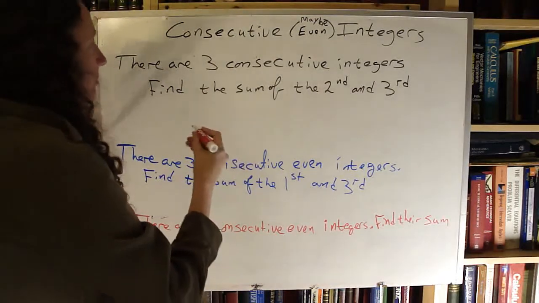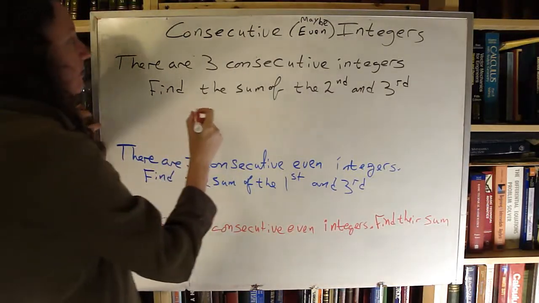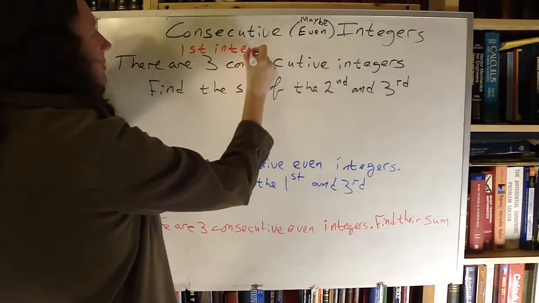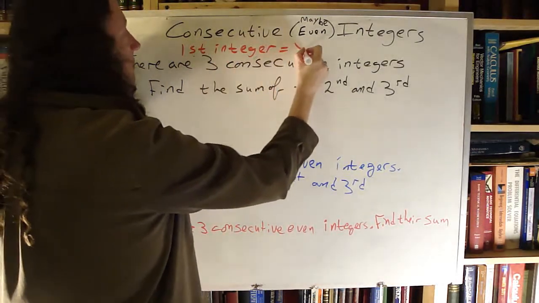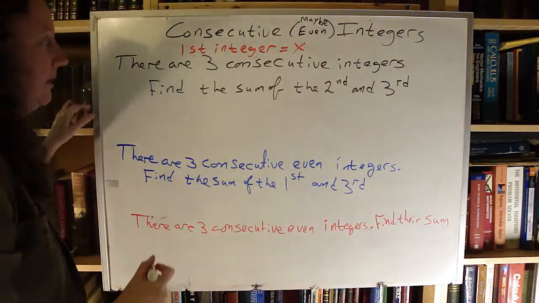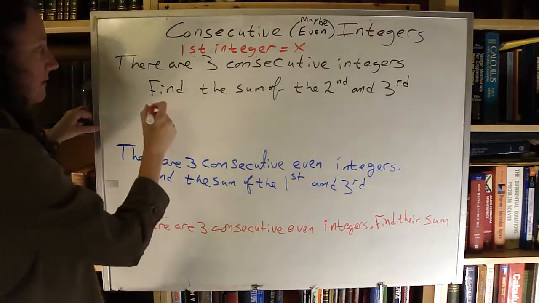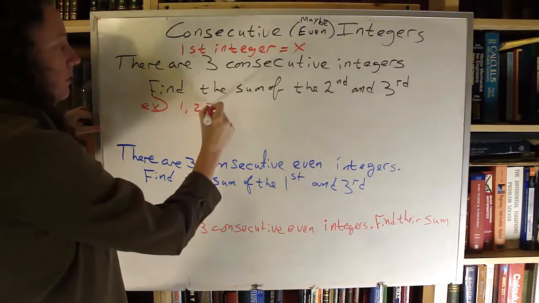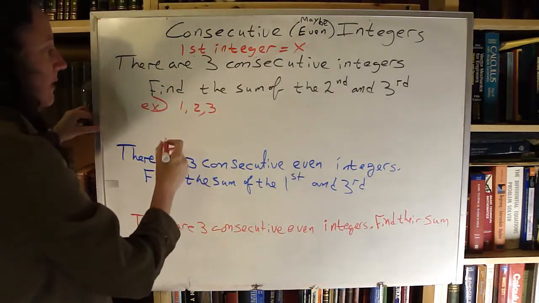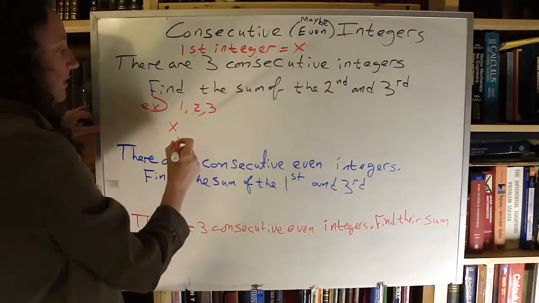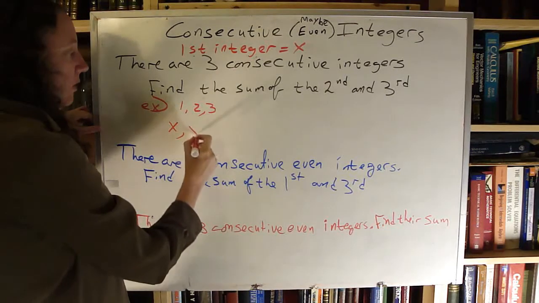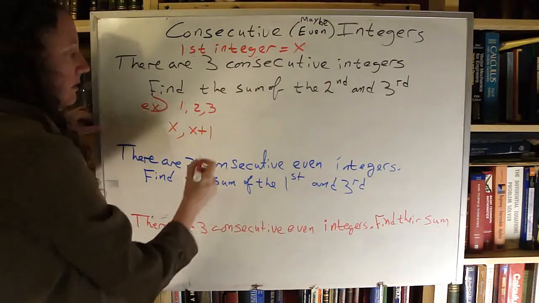So I'm going to make the first one as x. And because I'm looking at something like, for example, 1, 2, 3, if my first one is x, my second one is 1 plus 1, so x plus 1.